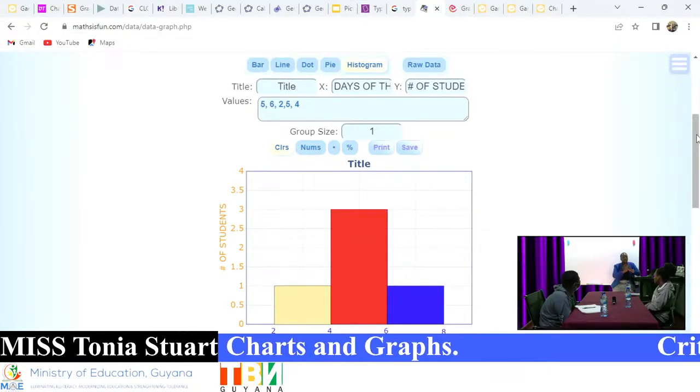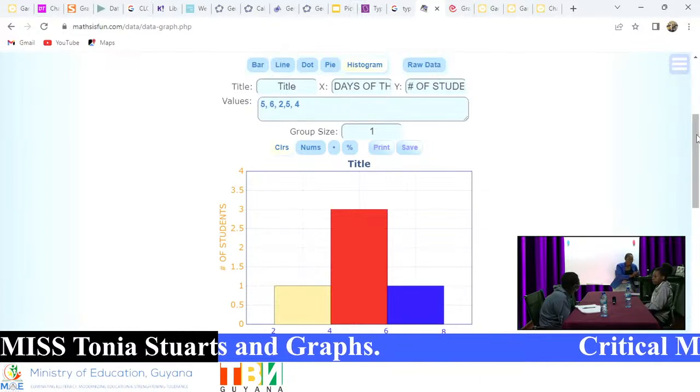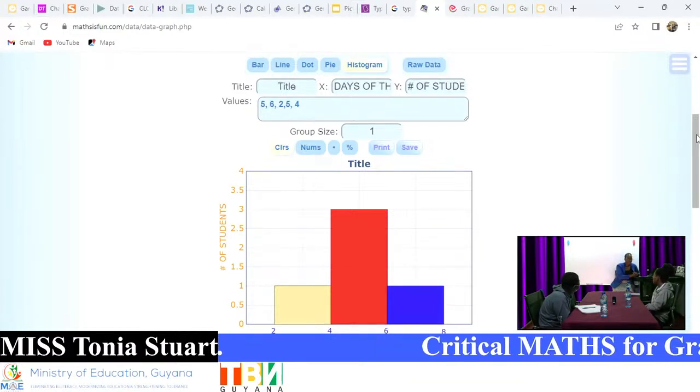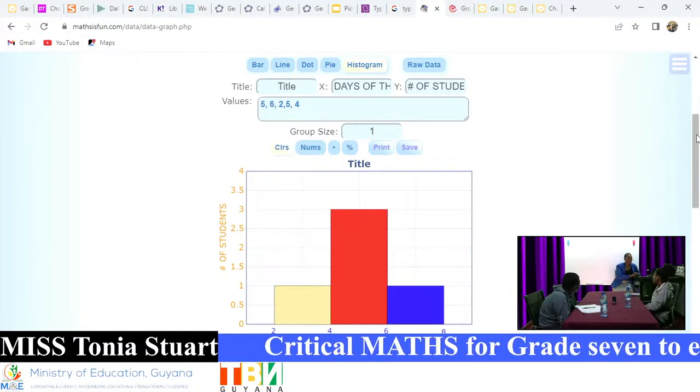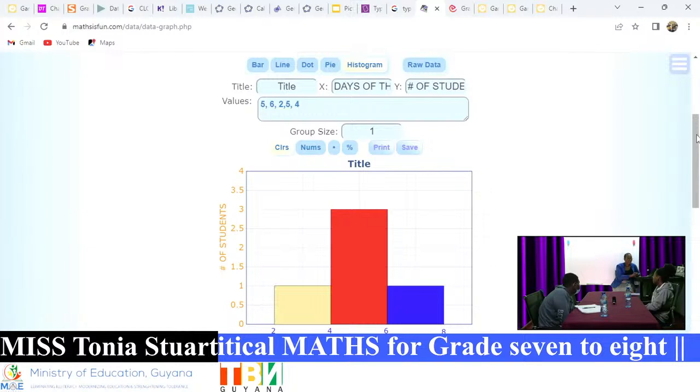Good. So you would have seen the bar, the line, the dot, the pie, and the histogram. So we're going to do a little activity where I'm going to give you some raw data.